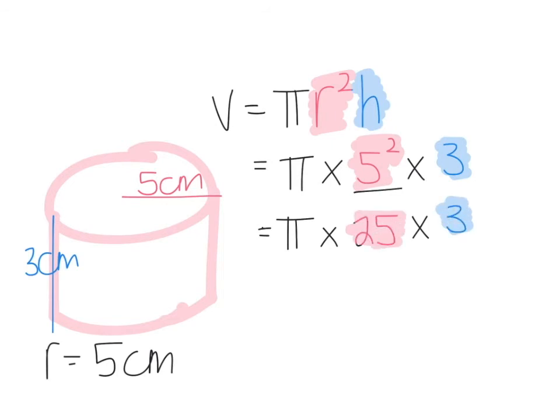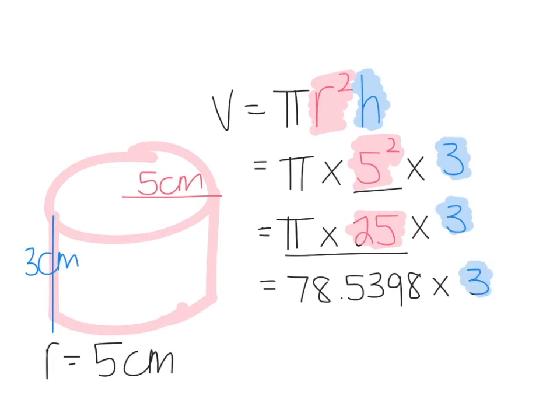I'm going to do pi times 25 first. Pi times 25 equals 78.5398 times 3. So this pink bit is representing this section here.